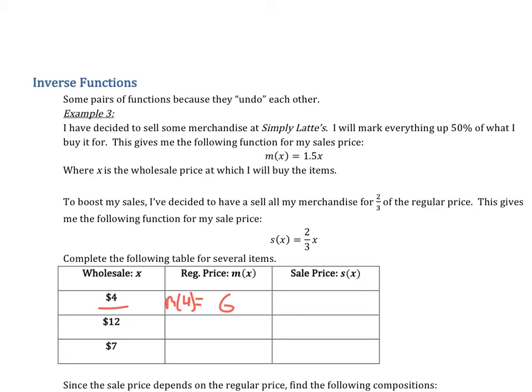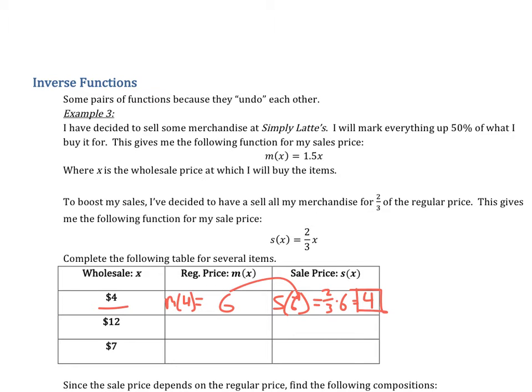Now, I take that regular price and figure out my sale price. So let's figure out what S of 6 is. I'm putting 6 into my sale function because I've got to figure out what the sale price is. So the sale price is 2/3 of 6, and 2/3 times 6 is, well, that's 12/3. Oh, that is 4.